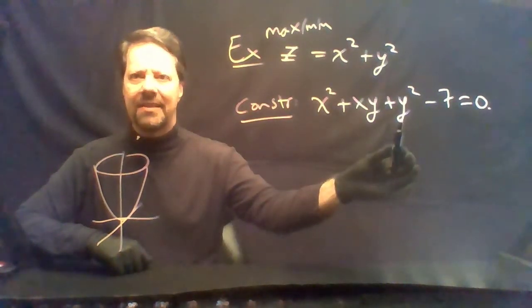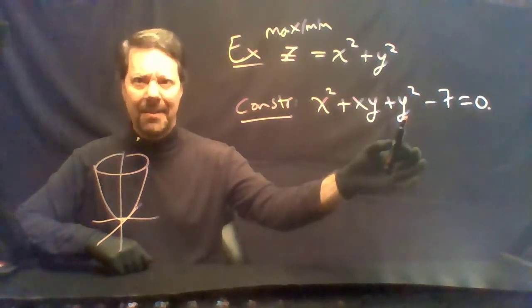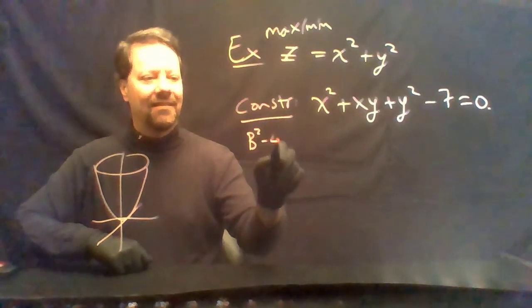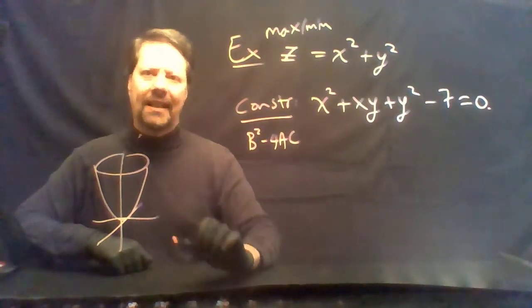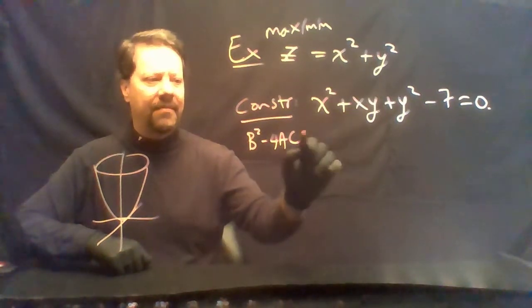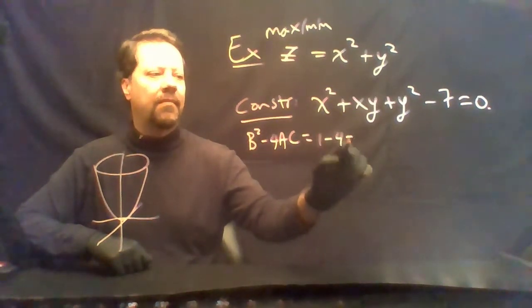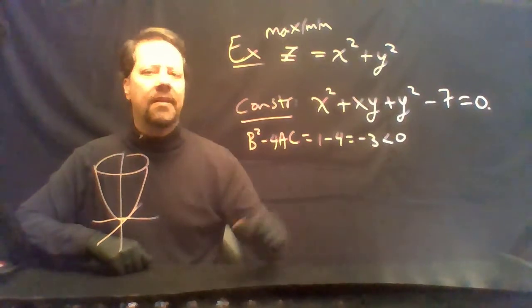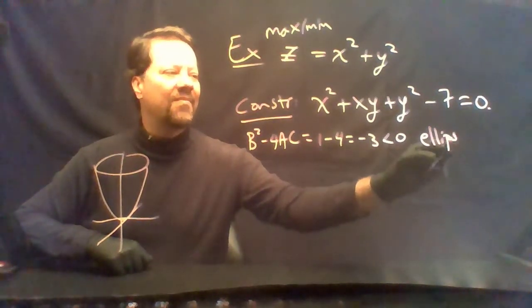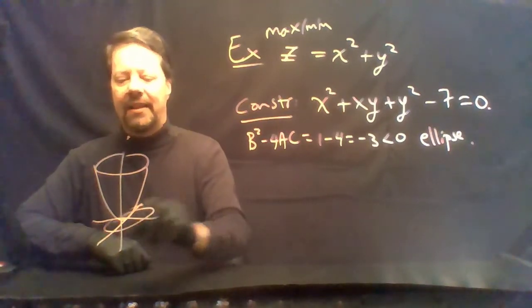What kind of curve is this? This is a conic section, is it not? You can tell what kind by looking at b squared minus 4ac. Because it's negative, we get an ellipse. So we have some rotated ellipse in the plane here.